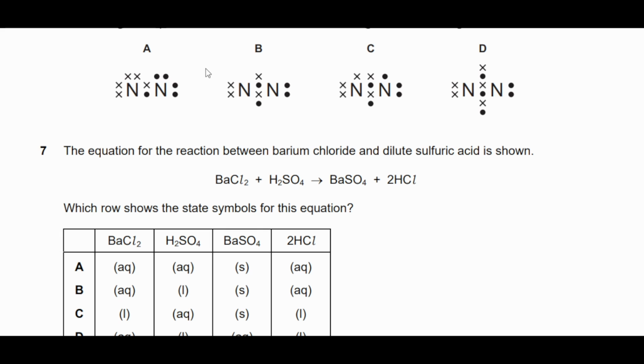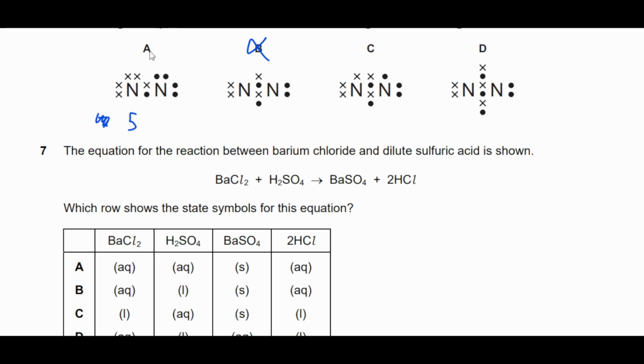Which diagram represents the outer shell electron arrangement in a nitrogen molecule? Right, so this is a Lewis structure. So the first thing you have to know is that each nitrogen atom has, not 7 electrons, 5 outer electrons, right? So if we look at these nitrogens, the nitrogens in B only have 4 electrons, so therefore B cannot be the answer.